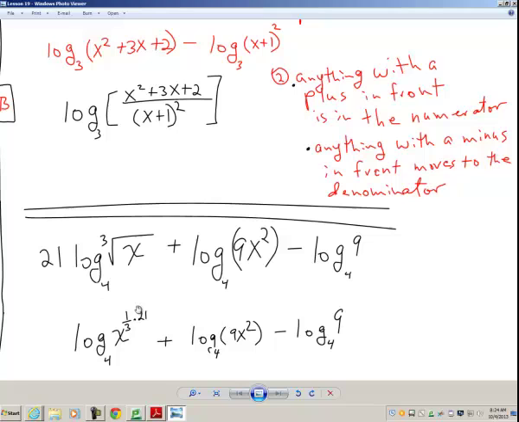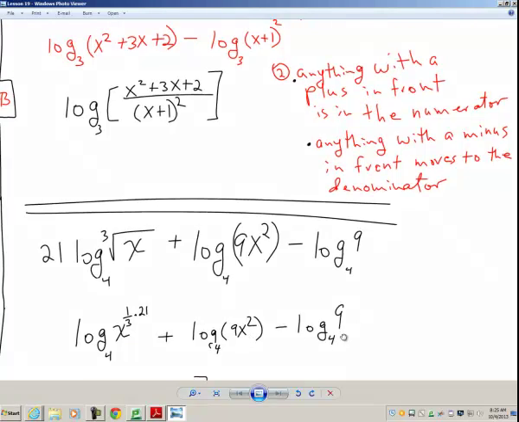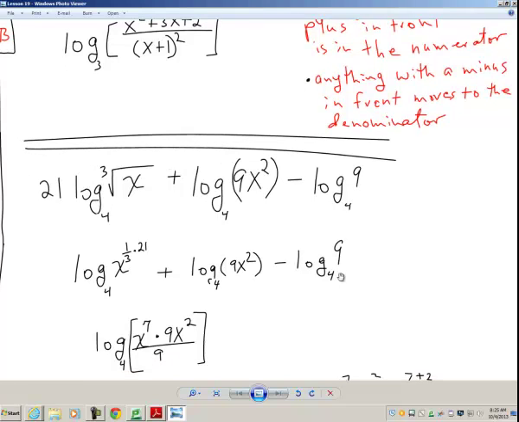Okay, what happens to this one? Numerator, denominator? Numerator. How about the 9x squared? What happens to that? Numerator. How about the log 9? Goes down into the denominator. Right. Well, let's see. Can we simplify this some more? Are you sure?